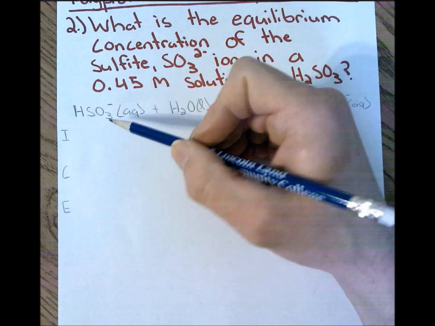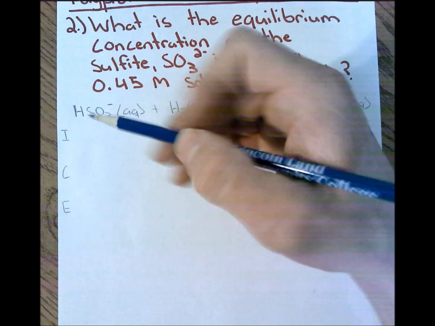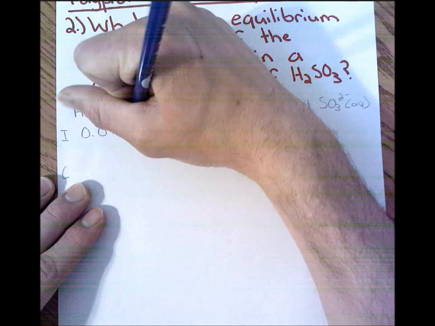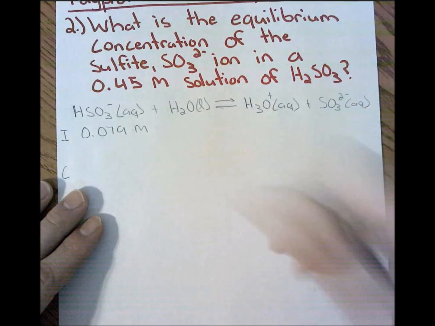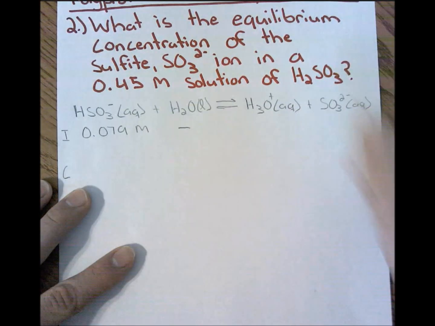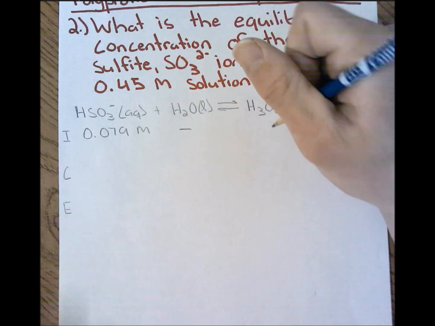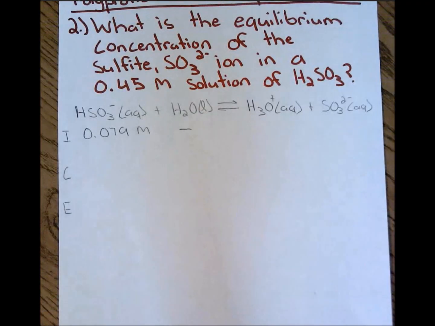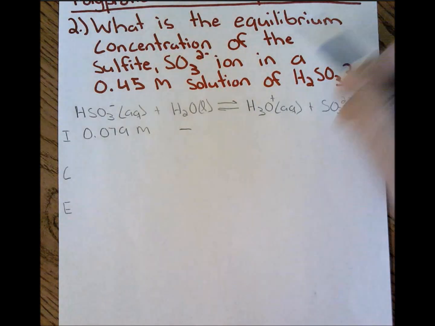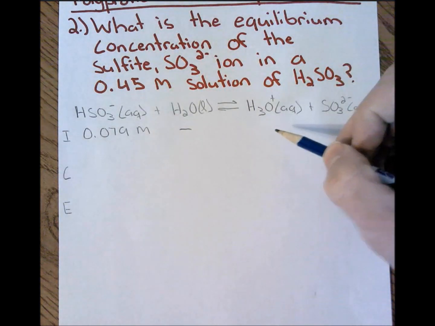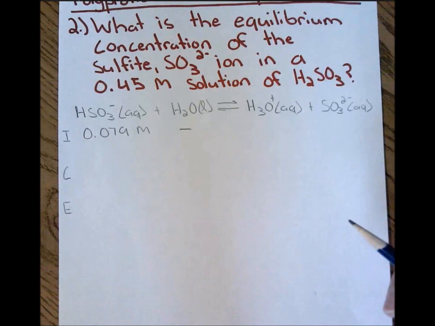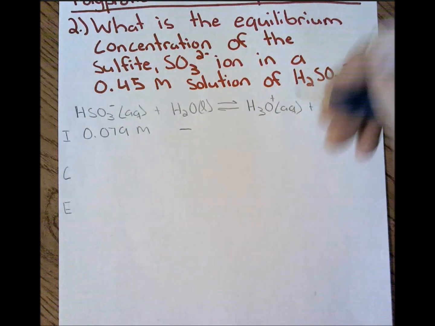Initially here, there is some H3O plus, and that H3O plus is also 0.079 molar. And that's because, hey, we had some H plus in that solution. So both of these things came from that previous problem that we did.